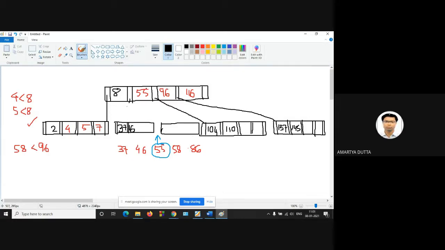So 37, 46, and this will have three children. Next, this will contain 58 and 86. So 58 and 86.